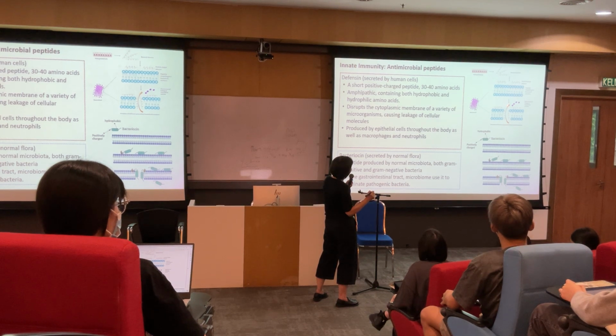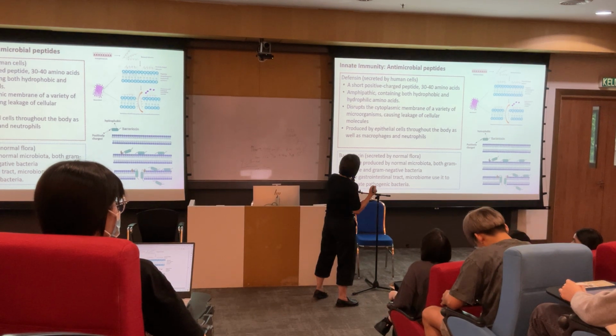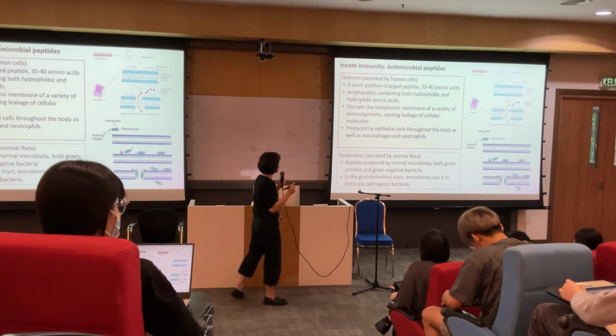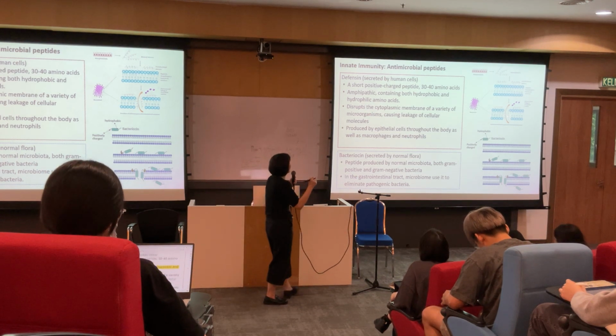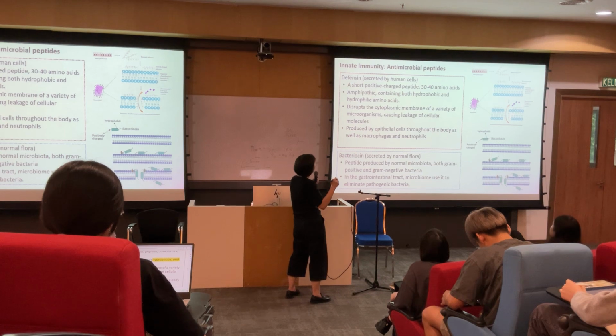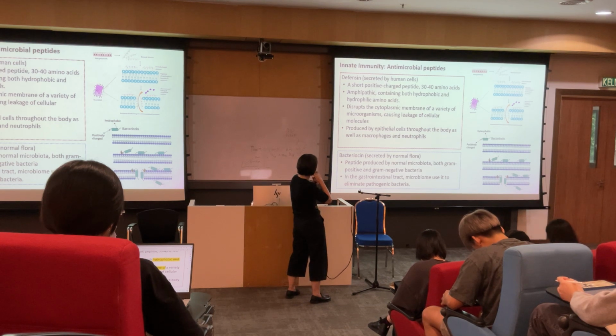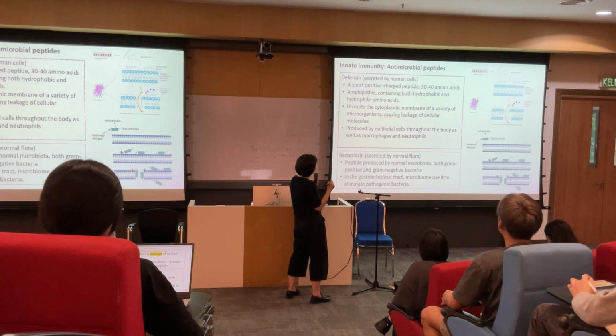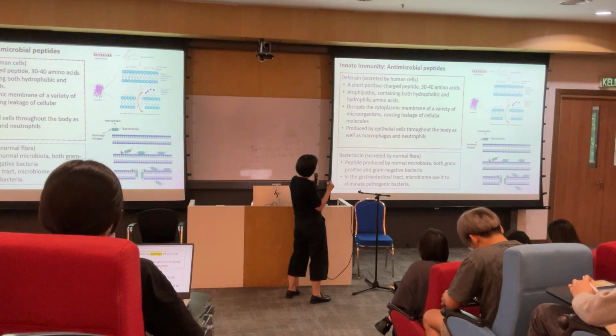So the entire defensin is amphipathic. So in this case, when they are inserted, they can disrupt the cell membrane of the bacteria, and in that way they can kill it. They are produced by epithelial cells, and they can also be produced by macrophages and neutrophils as well.